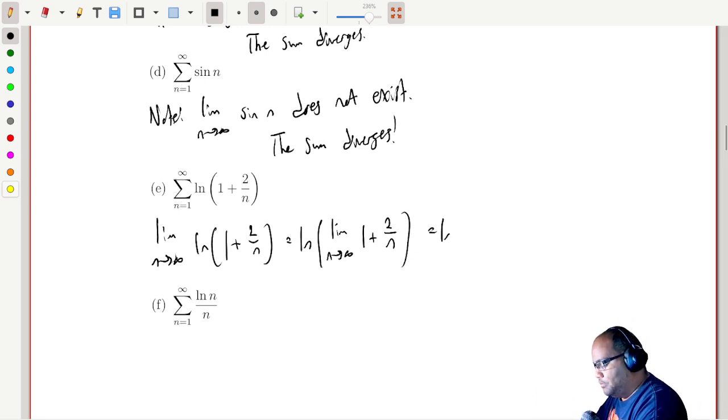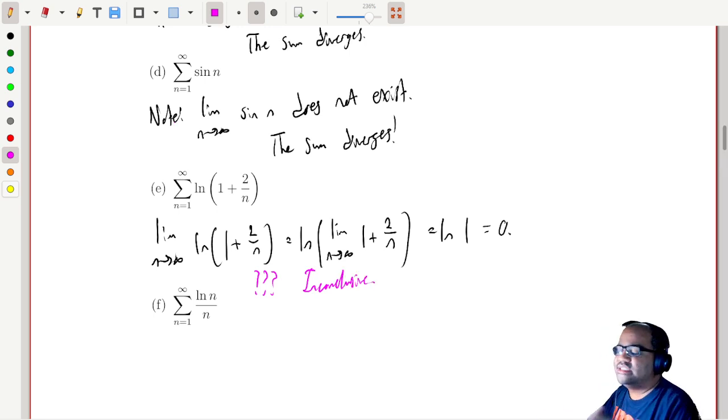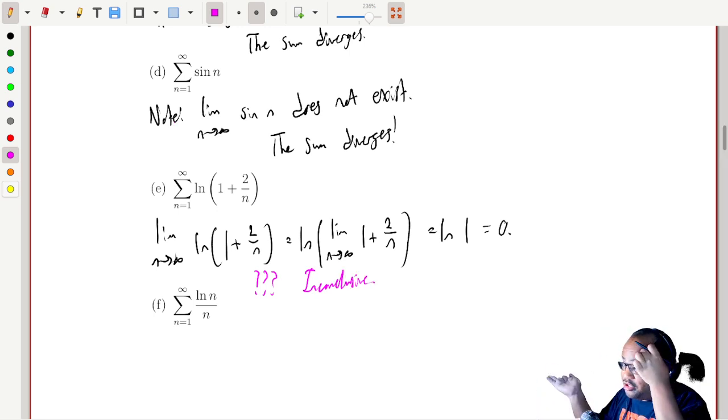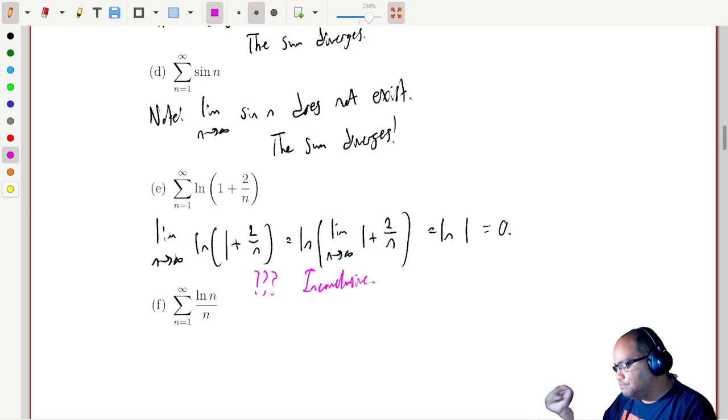Well, what's the log of 1? 0. We don't know. Because the limit was 0, we don't get any new information. We can't make a conclusion here. We'll soon learn ways of determining if this converges or not. There are ways of doing that.